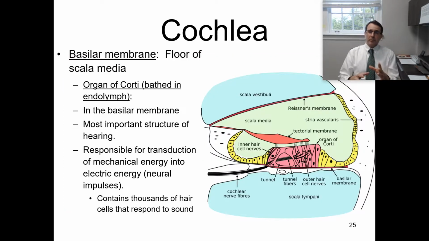So what we're saying is the outer ear collects acoustic energy. The middle ear takes that acoustic energy and turns it into mechanical energy and delivers that mechanical energy to the cochlea.